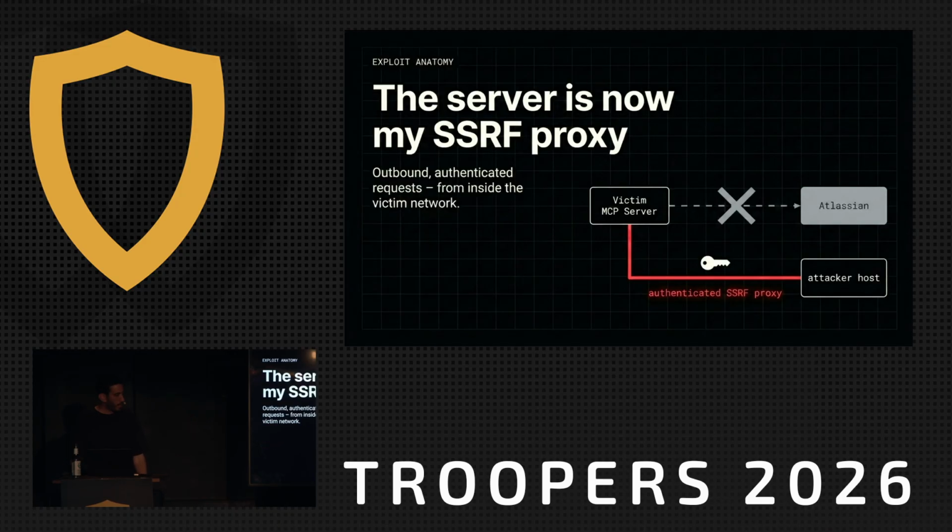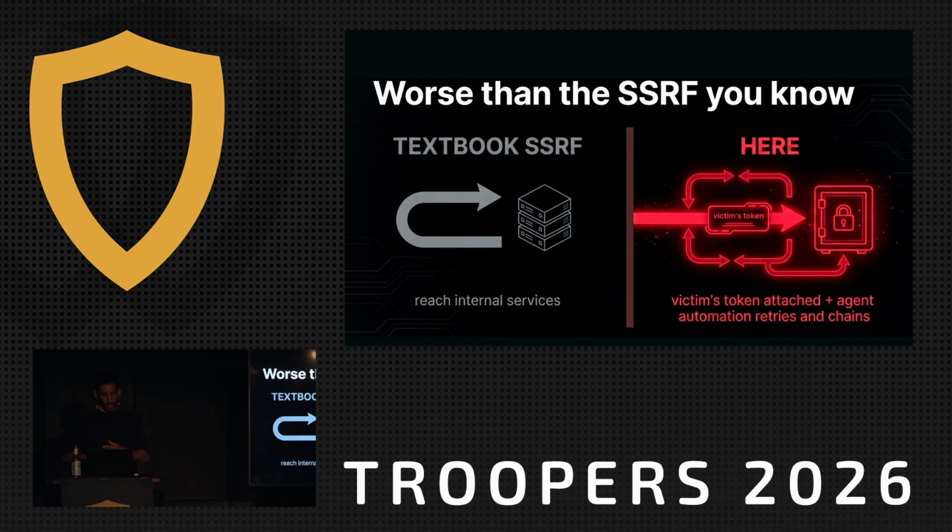And so again, super simple, and the server is basically now an SSRF proxy. The user interacts with the server, but it actually interacts with my attacker-controlled server from inside the network in which the MCP runs. And that already allows you to access internal services, again using the same token of the victim.